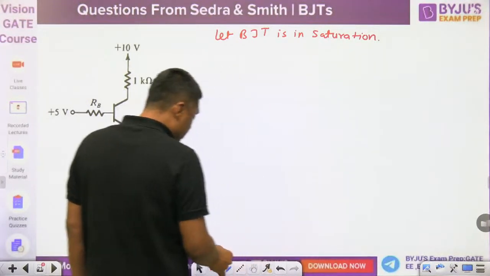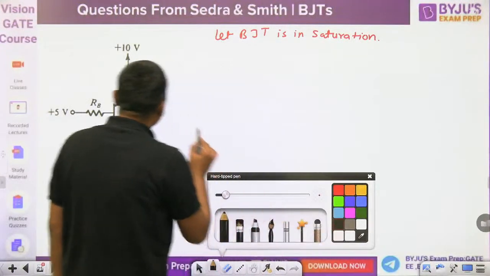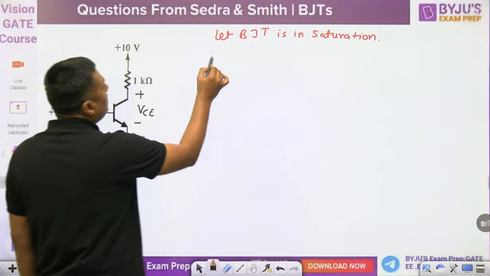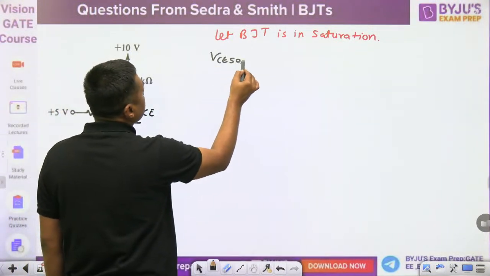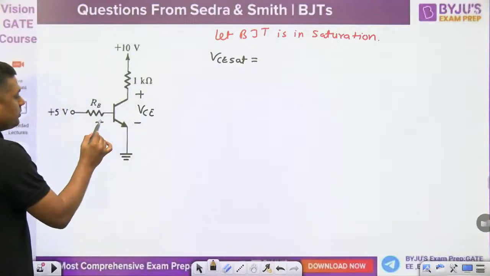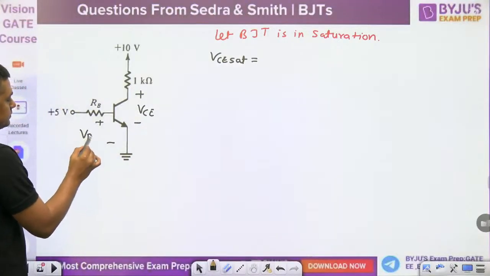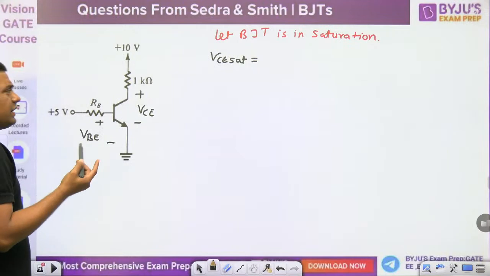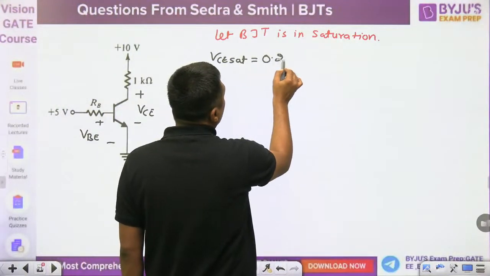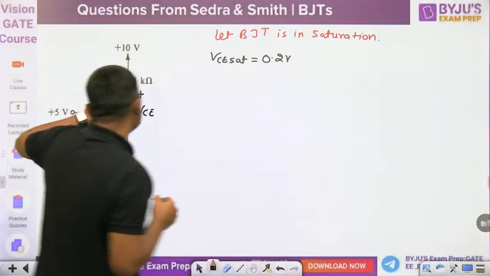Once it is in saturation, guys, what is the value of VCE? This will become VCE sat, and VBE sat. Normally, these days we take VBE as 0.7 volt. VCE sat is 0.2 volt. This is fixed at 0.2 volt.